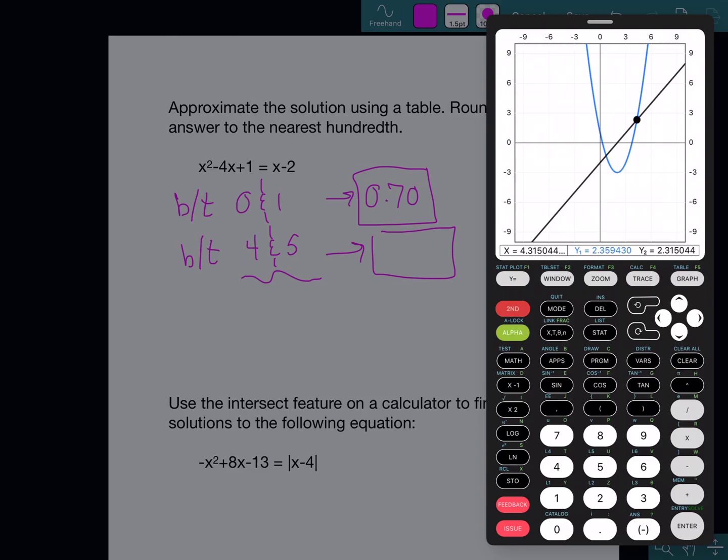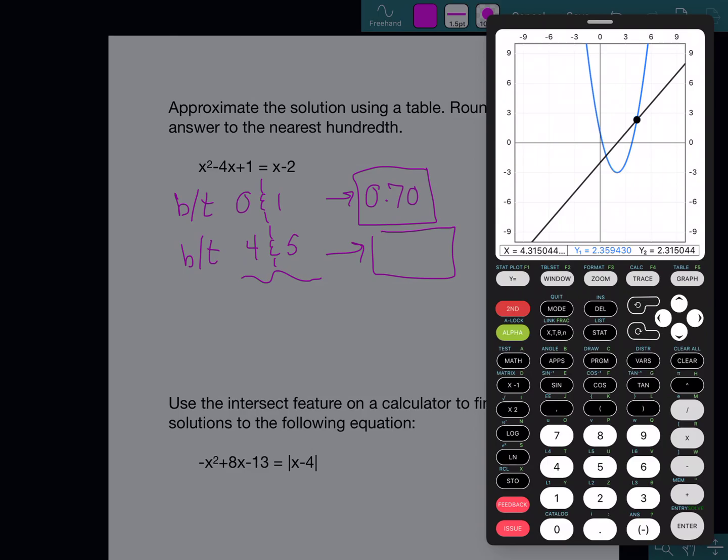We saw that there was a solution between 4 and 5, and I already verified that with my table. Second, trace. It's a little bit different than how it is on the 84. And I hit enter. So there's my left bound, there's my right bound, right?